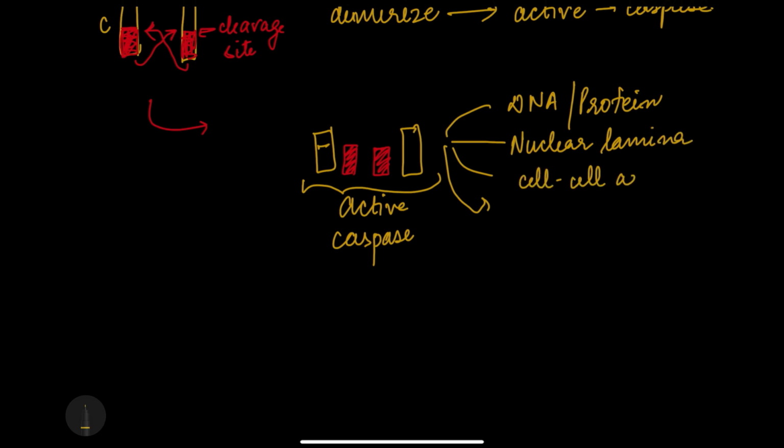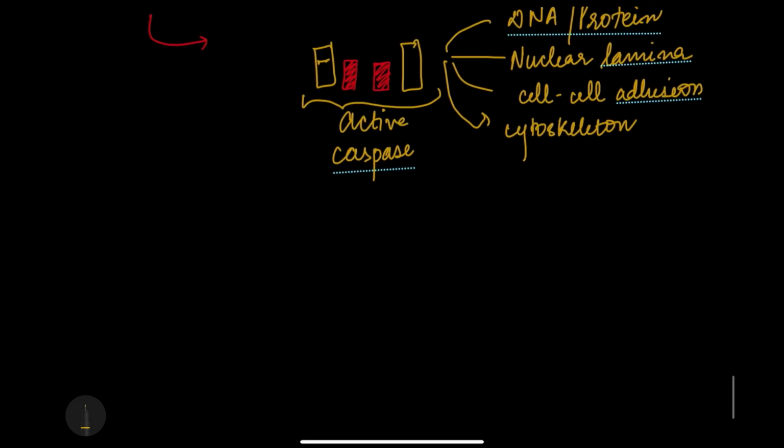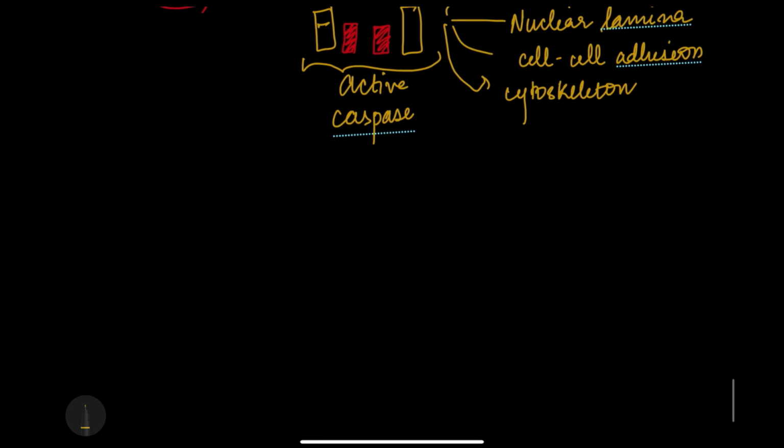Then it also acts on the cytoskeleton, as we discussed in the previous video, leading to cytoskeleton breakdown, which leads to the process of apoptosis. Now I hope it is clear how the procaspase converts into caspases, right? This was the story of the initiator, and the same happens with the executioner also, right?